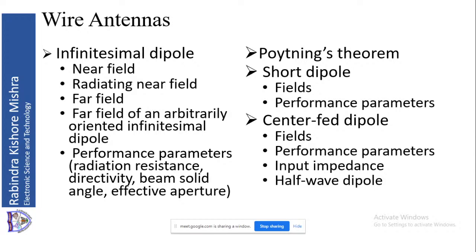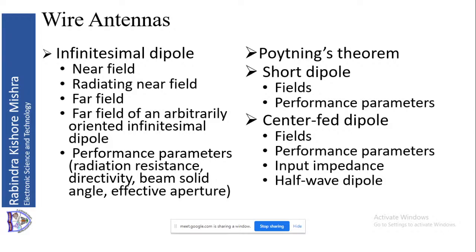So this is about wire antennas. Same thing is applicable for microstrip antenna and horn antenna. In the horn antenna, the only thing you have to remember is that it is an aperture antenna. The field over the aperture is the same as that from a feeding waveguide, and from the field, using equivalence principle, you can find out the current, from which you can find out the far field.